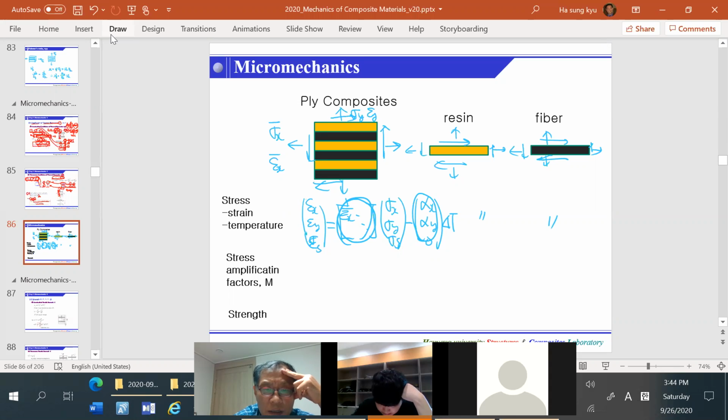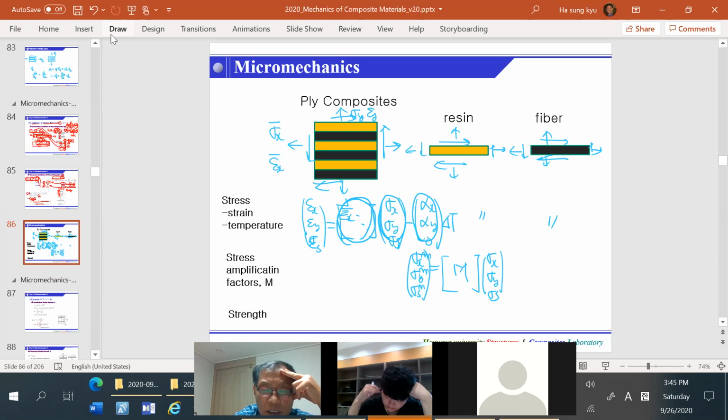Now, another one is the stress amplification factor for the resin system, given these ply-level stresses, sigma x, sigma y, and sigma s. This is the M matrix, and this will give the stress in the resin. So I would call it sigma x matrix, sigma y matrix, and sigma s matrix.